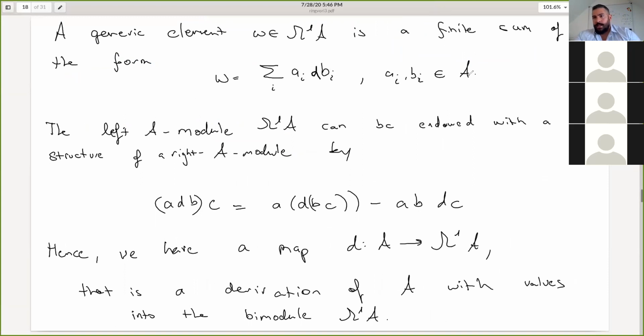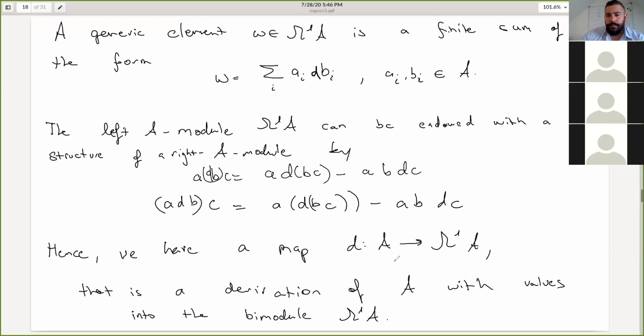Okay, the left module can also be endowed with the structure of a right module. So if you have a d(b) c, you can say, well, this is nothing else than a d(bc) minus ab dc. Okay, and now you have the d to the right, right?